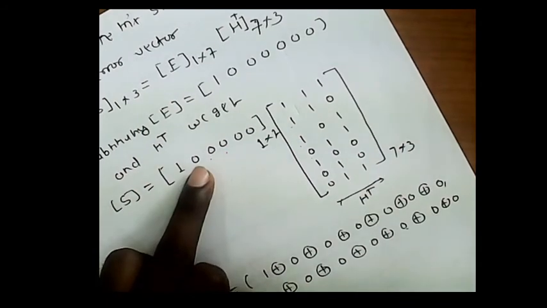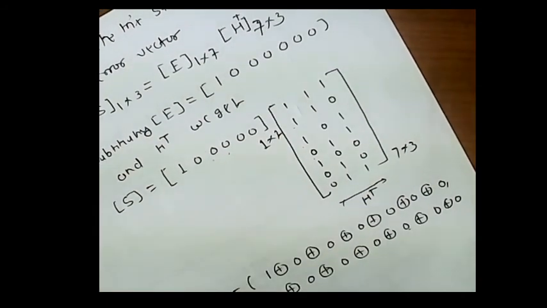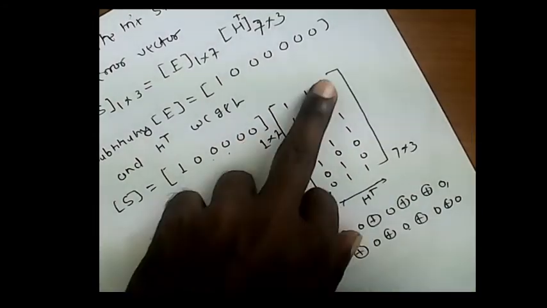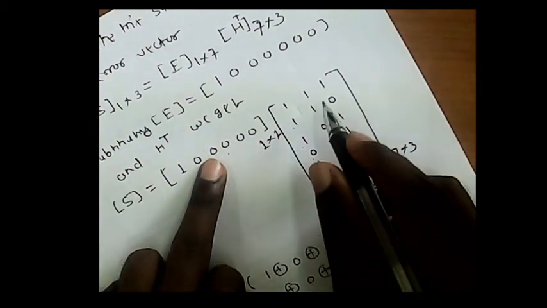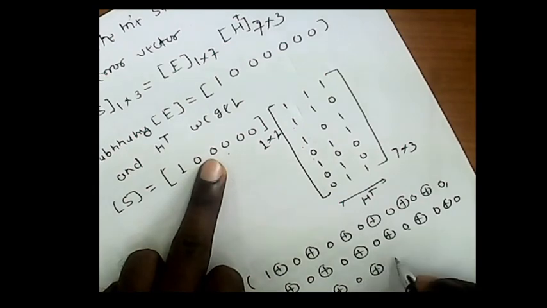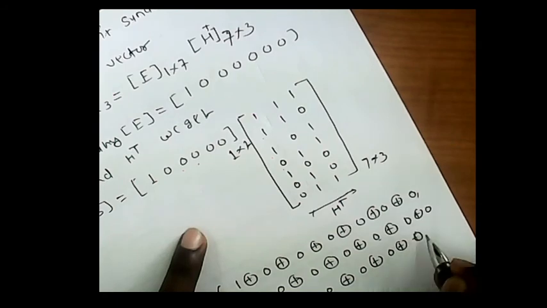Then we take the first row and third column, so we get 1 into 1, then 0 into 0, and all these zeros multiplied with this column give 0.